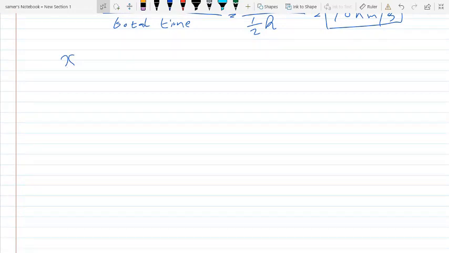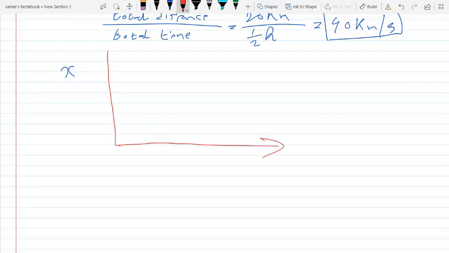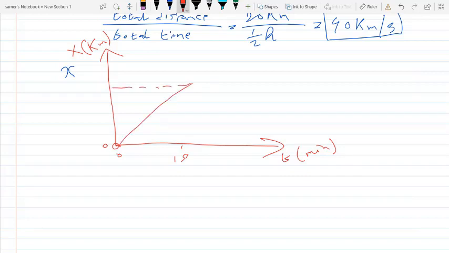If we choose our coordinate system to be x, which is the position in kilometers, and t, which is the time in minutes, you are at your home at the origin, which is 0 position and 0 time, and after 15 minutes you were 10 kilometers from your home, your origin, and after 30 minutes, you went back again to your home, which is the 0 position.